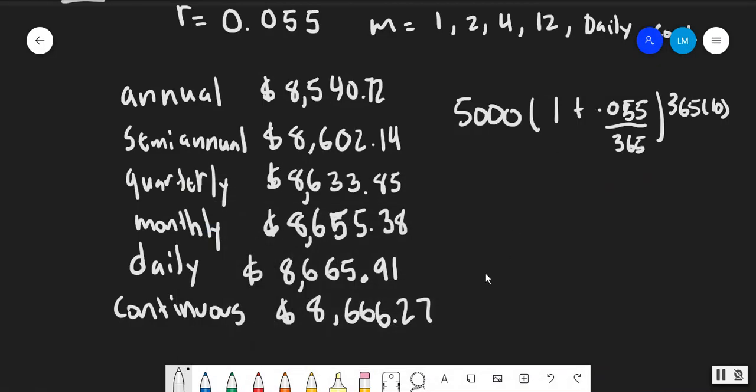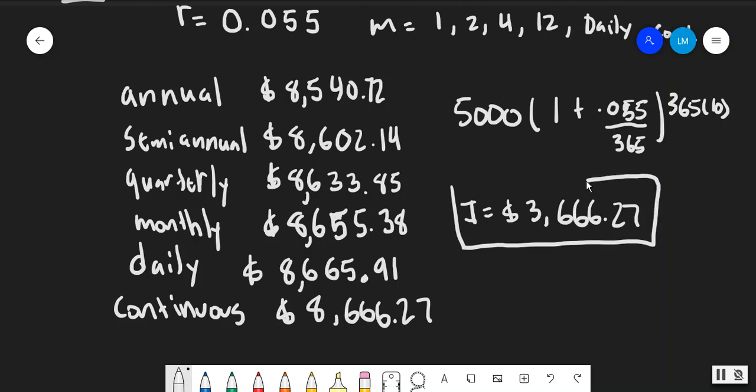But that's only if it's continuously compounded. So we have that the amount of interest, so I equals about 3,666.27. This is the largest amount that will ever be paid back hypothetically in that sense.